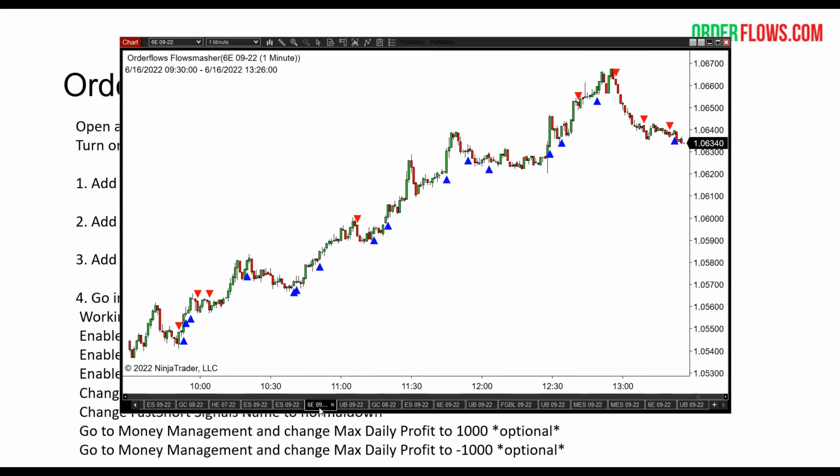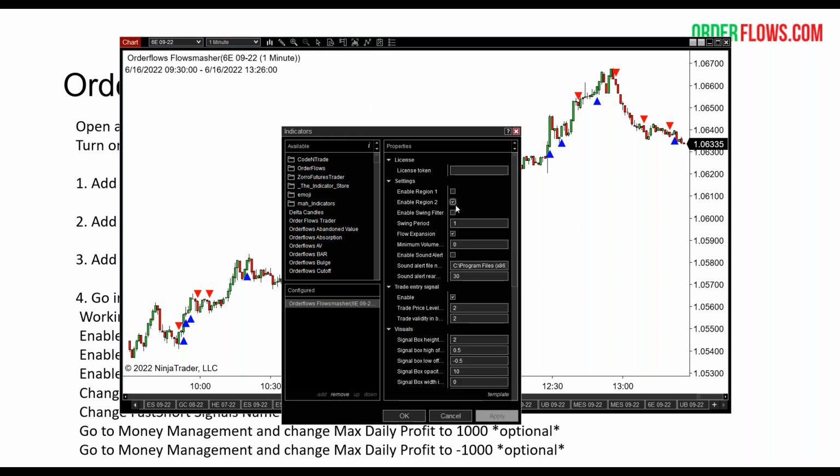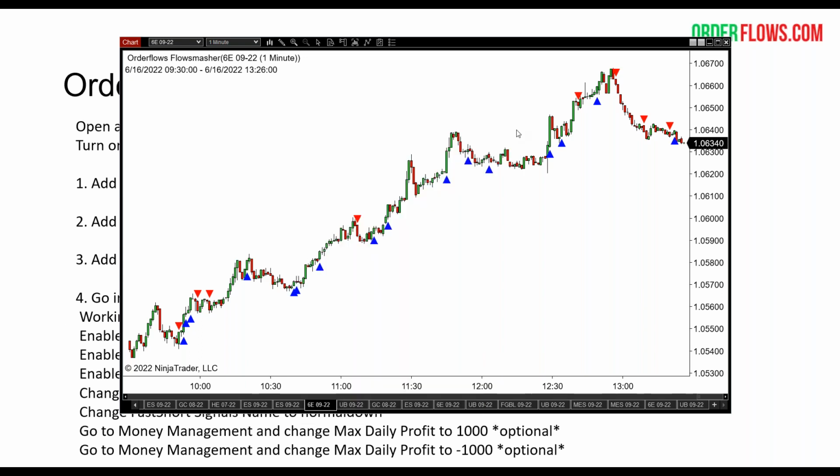This is the Euro currency with region 2. That was region 1. This is region 2. Okay, so again, the chart's a bit different, right? You get a bit more frequent signals. That's why we've added both region 1 and region 2, because some people, I realize, may prefer using both of them.